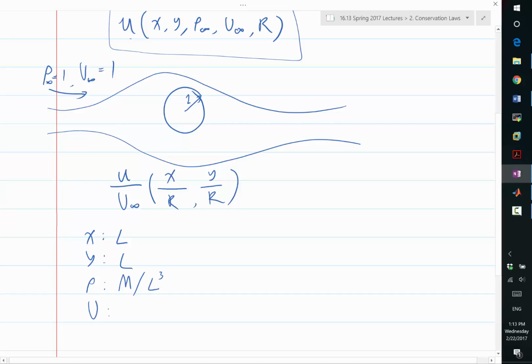Velocity has dimension length divided by time, so we now get a new dimension of time, and the radius has dimension of length. So we have L, M, and T, three independent units. That indicates that we can reduce the number of independent parameters by 3.